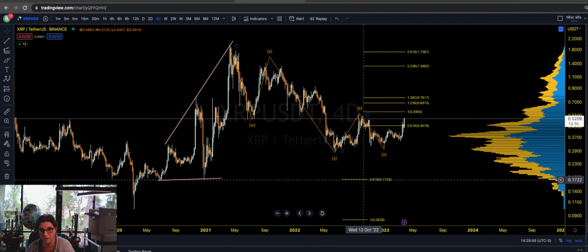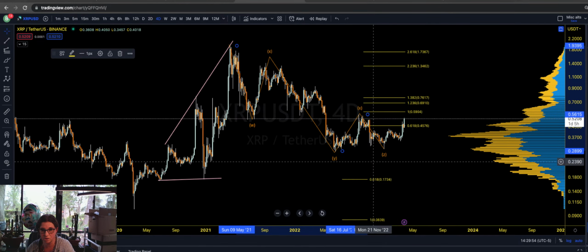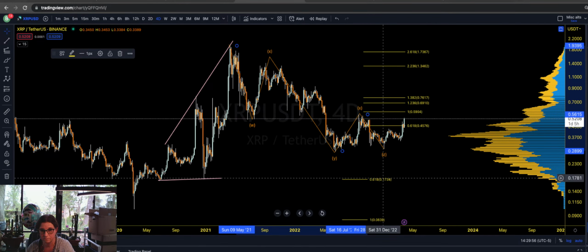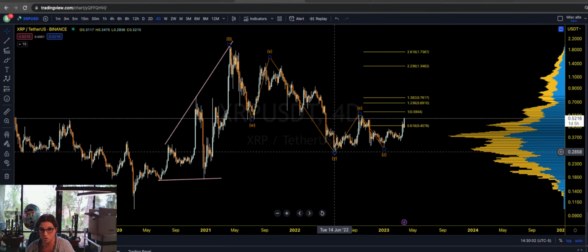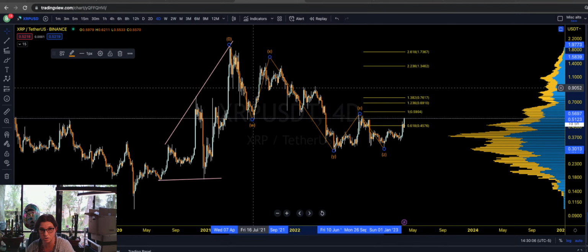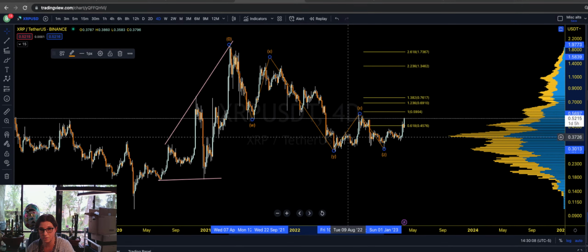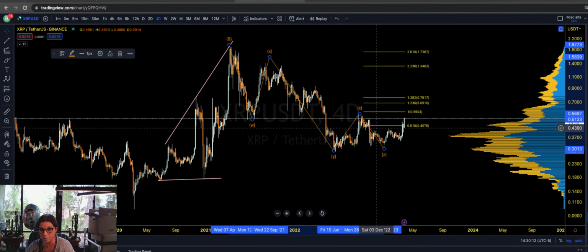But to be a truncation, it needs to at least hit the 618. And it's nowhere near it. So probability-wise here, it started here. And this was a Y wave here without the X and the Z, just WXY. And that this is a start of a connector, a bear market rally.